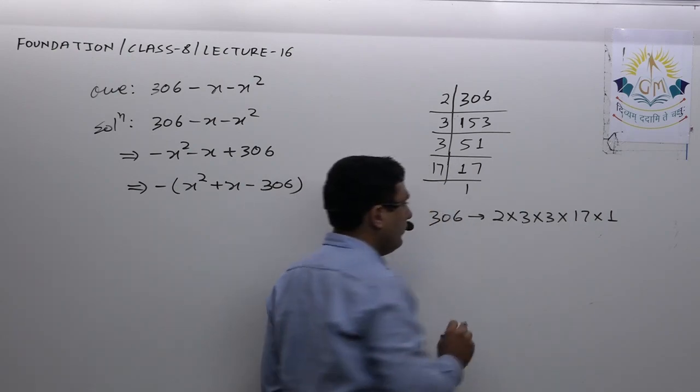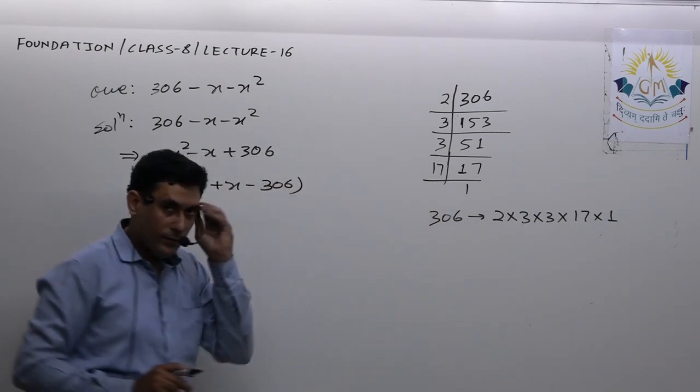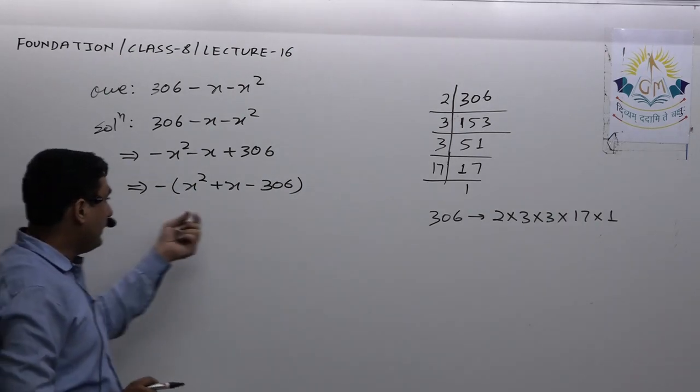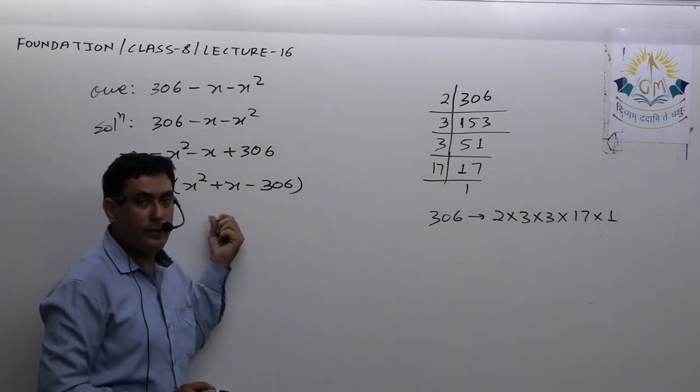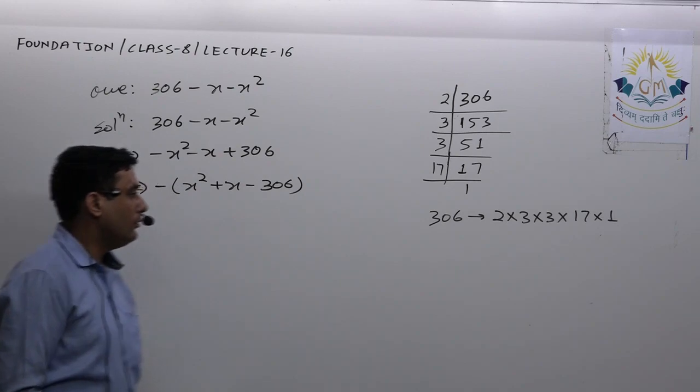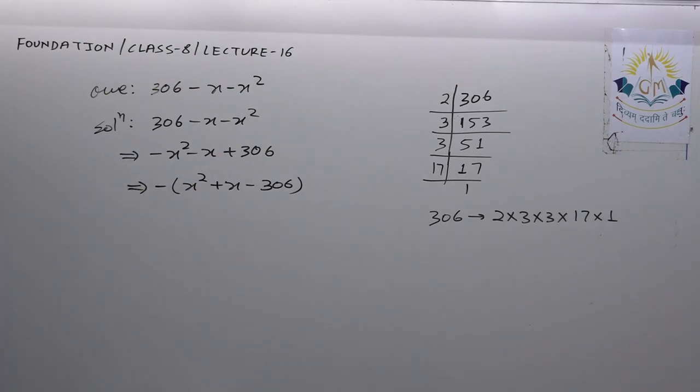Okay, so now definitely we have to find the different groups to get the sum as 1 or the difference as 1, whatever. So think for a while, then I will give you its remaining solution.